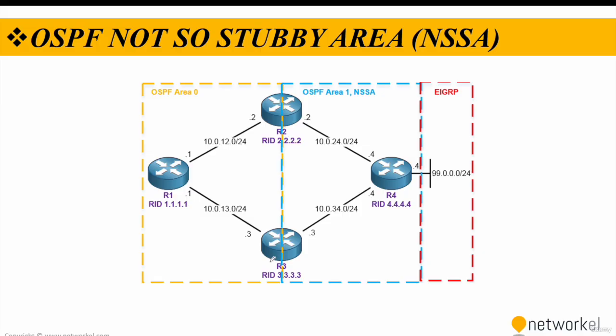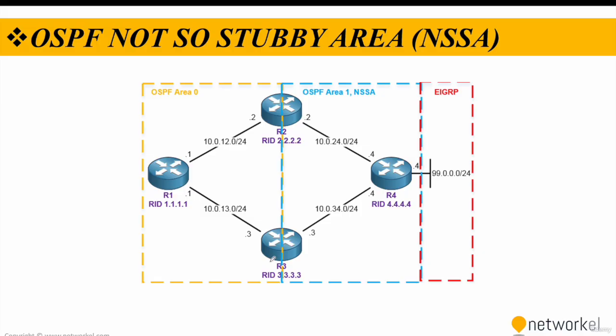First of all, unlike a stub area, an NSSA can import external routes into the OSPF domain. External routes are redistributed into the OSPF domain and are carried as type 7 LSAs within the NSSA. When external routes are advertised from an NSSA to other OSPF areas, especially to the backbone area, they are translated into type 5 LSAs by the ABR and then propagated as such.